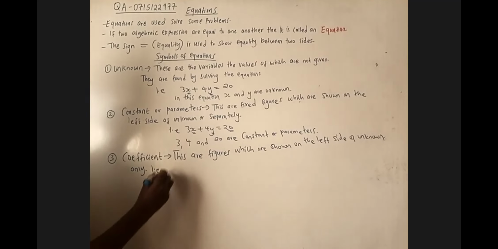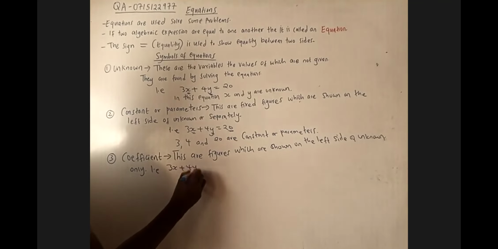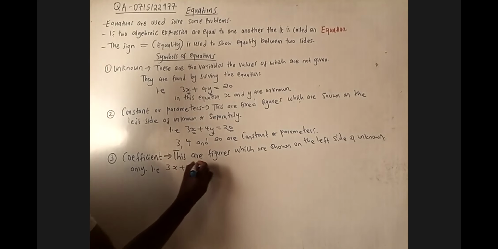I.e., in our example here, 3x plus 4y is equal to 20.